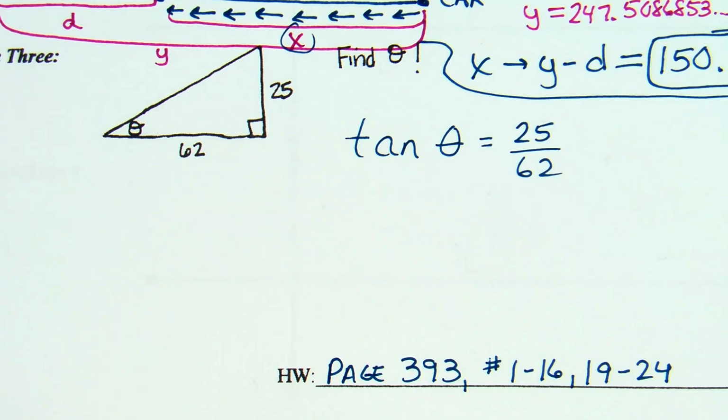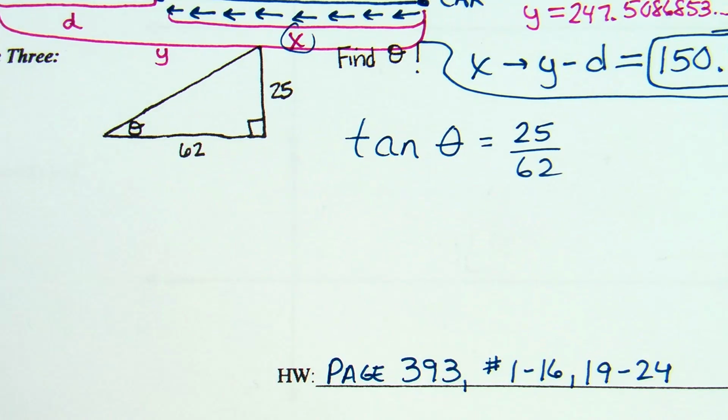So right here it says tangent of theta equals 25 over 62. Well, if I change this and I use the inverse, we're going to say what? Tangent inverse of 25 over 62 is going to equal theta.